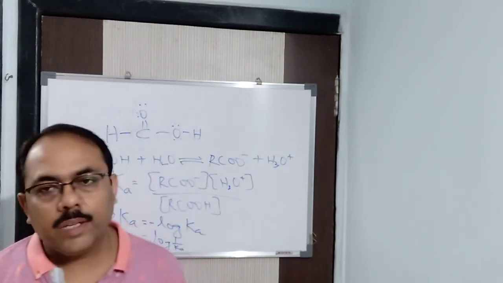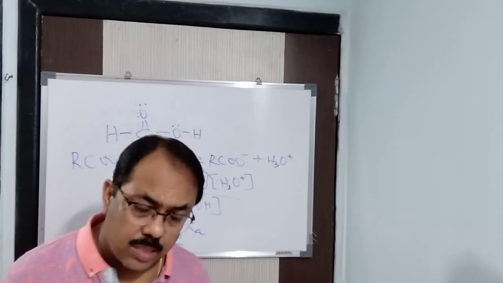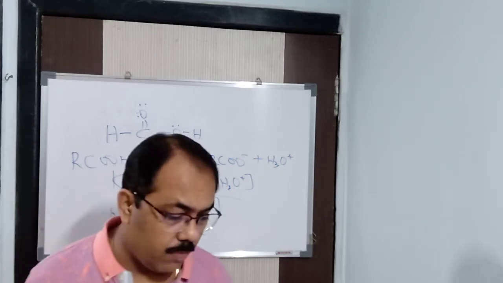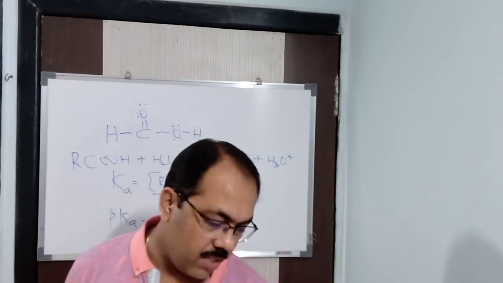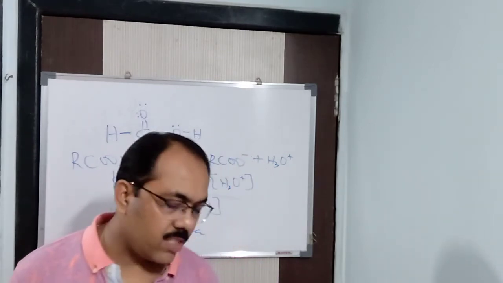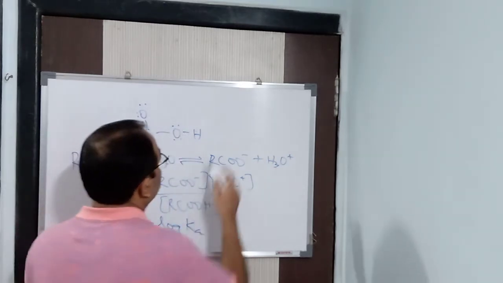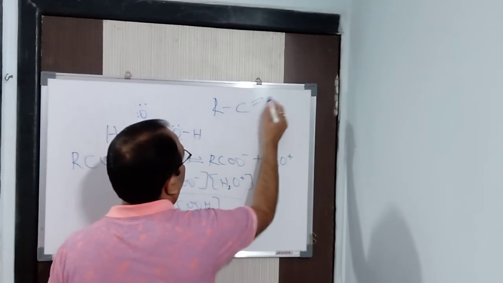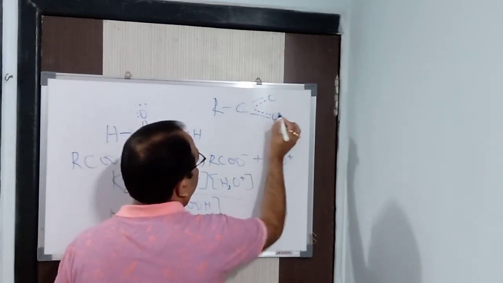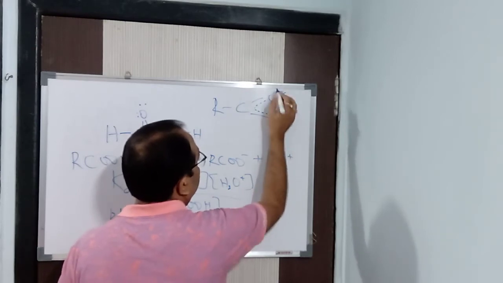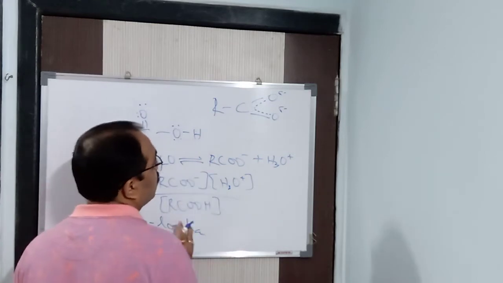In this way, I have already told you how carboxylic acid is acidic, because it gives the carboxylate ion, which is stable due to resonance, and H plus ion is readily released. In the beginning of the chapter I told you that in the carboxylate ion, RCOO minus, the negative charge is equally distributed, so it is delta minus on each oxygen.